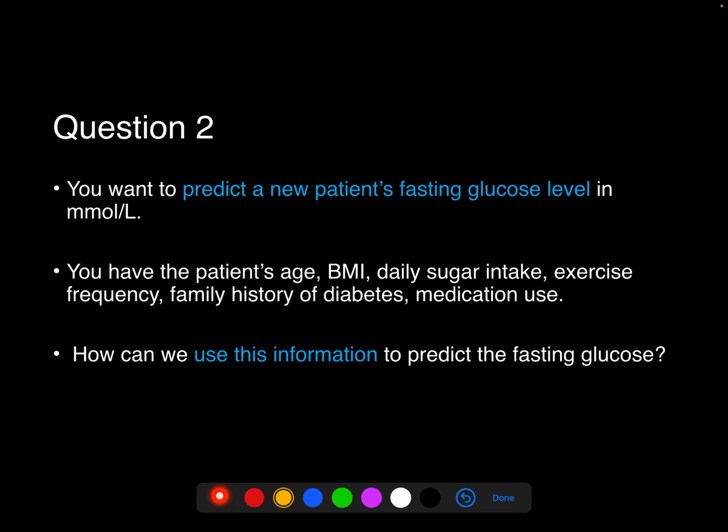Next question. You want to predict a new patient's fasting glucose level in millimoles per liter. A problem that clinicians often face is that we know that fasting glucose levels are the most reliable for predicting diabetes.